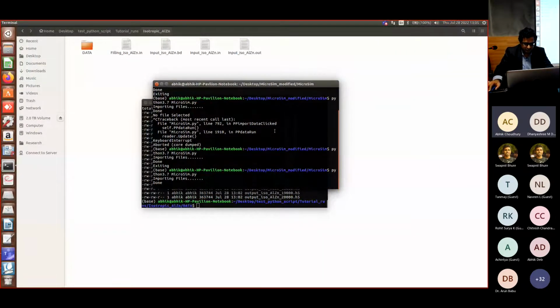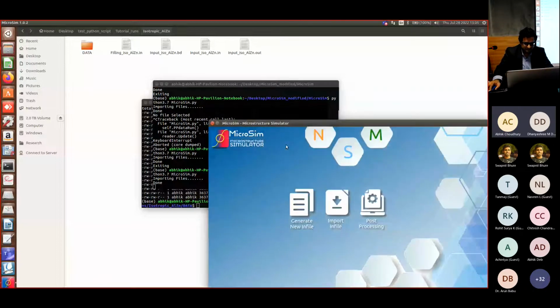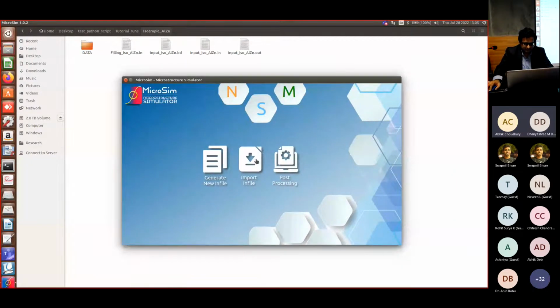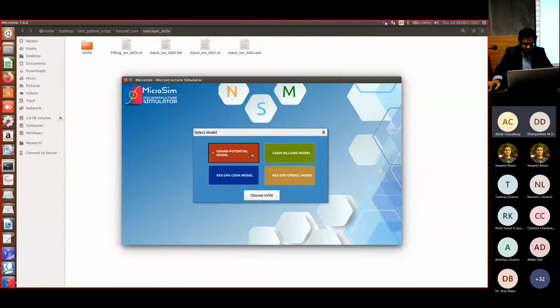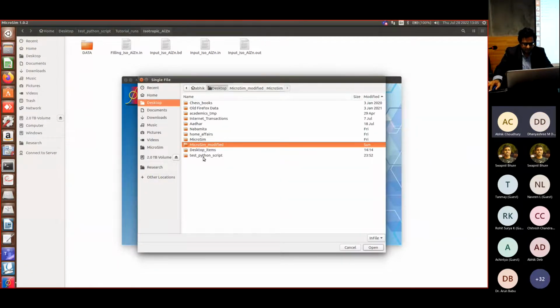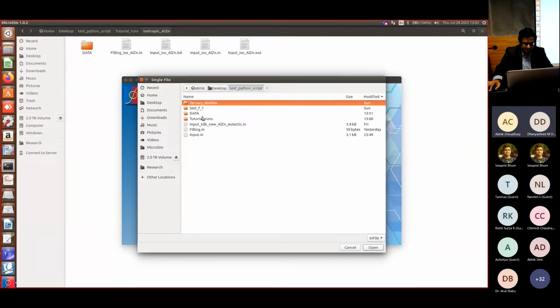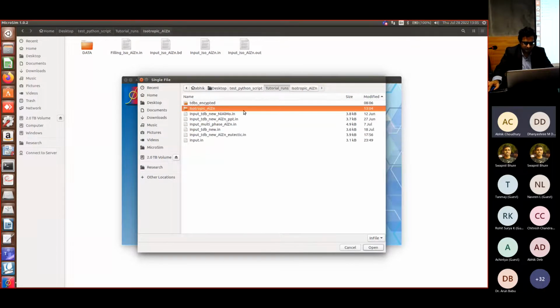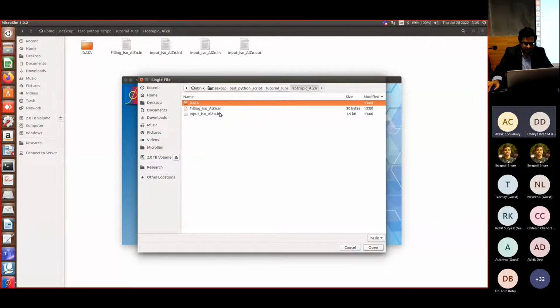So we can actually go back and import the in file again. Let's take this in file itself and modify.